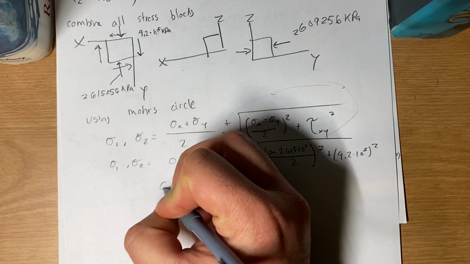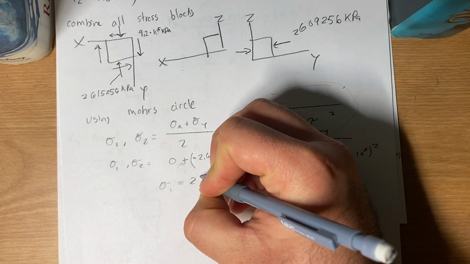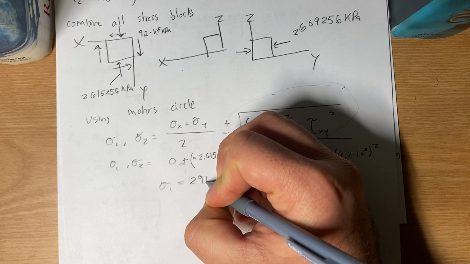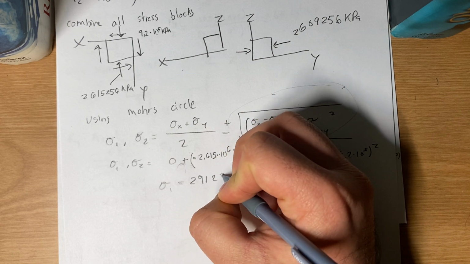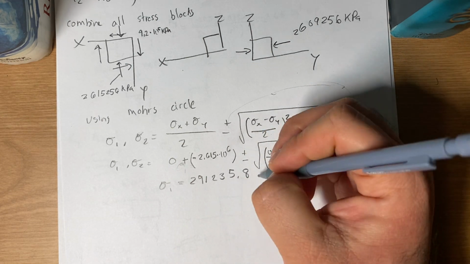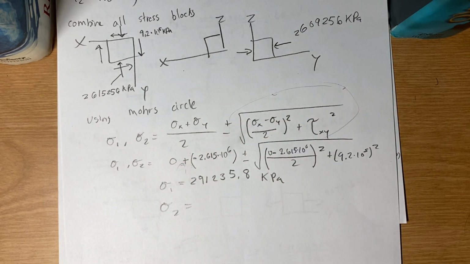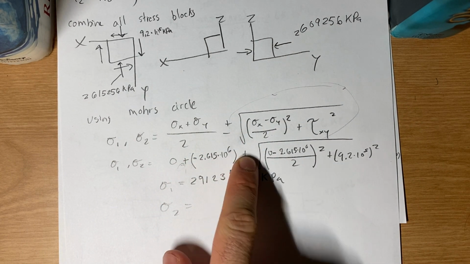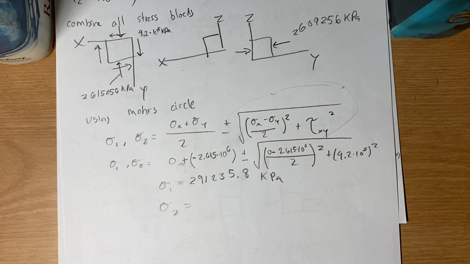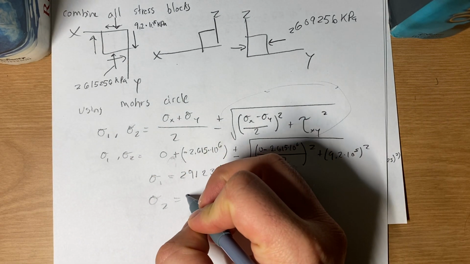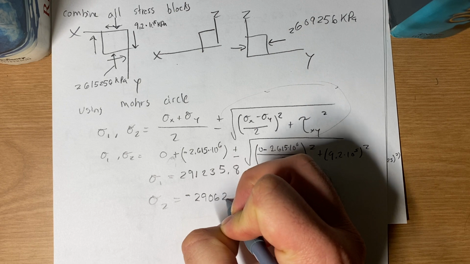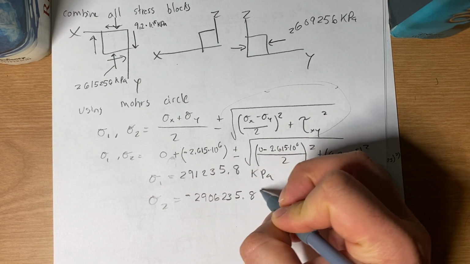So my sigma 1 is going to equal 291,291,235.8 kilopascals. So my sigma 2 is the second value, if I subtract them. The first value is if I add them. And that actually gives me a value of negative 2906,235.8 kilopascals.